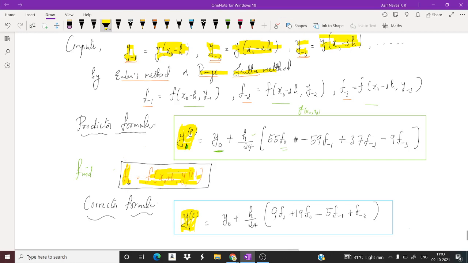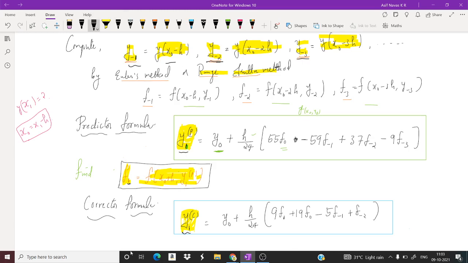Also note that to find y of x1, x naught is x1 minus h, the value just before x1. Please note down these formulas, and we will do problems now.